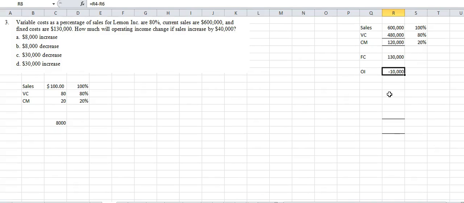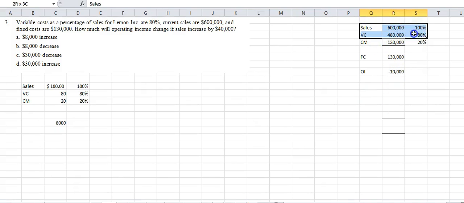But anyways, I increased sales by $40,000, so my operating income is going to benefit by $8,000. In other words, my operating income won't increase, but my operating loss will decrease, which is pretty much the same effect. I have a decrease in the loss, which is an increase in operating income. That's how the question is being phrased. I wish this would have been positive so that you won't be confused, but unfortunately that's not the case.